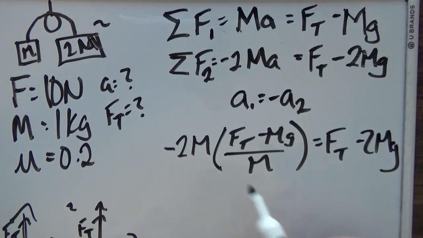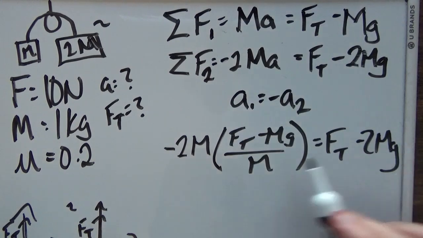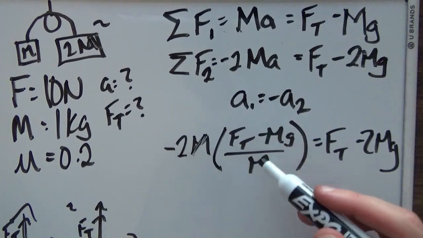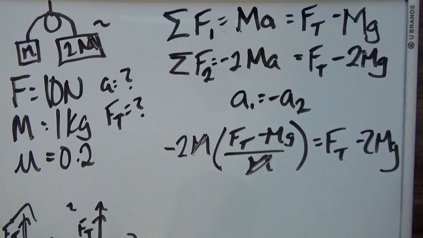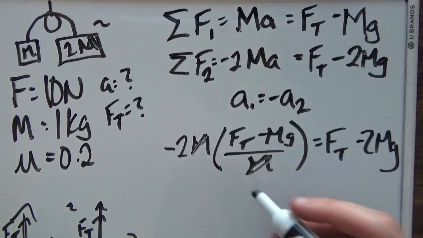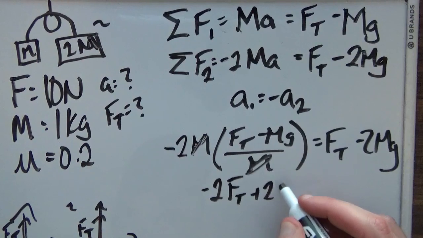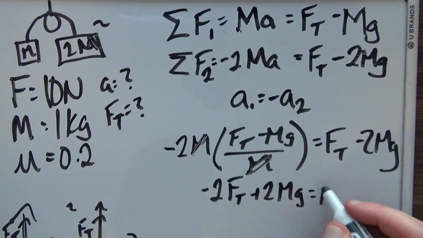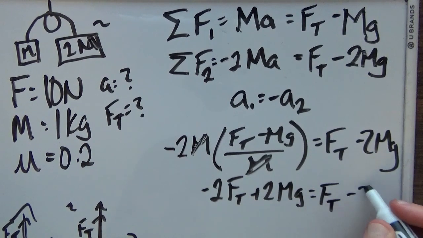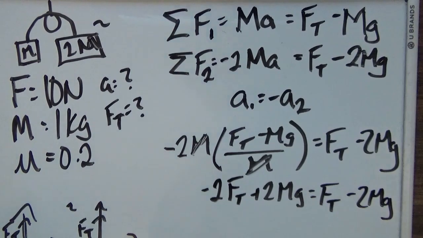Great, and we can solve because we know M, we know g. g is just 9.8. So we can solve for FT. These M's go away though, and we're left with negative 2FT. I'll just write that out. Negative 2FT plus 2mg is equal to FT minus 2mg.